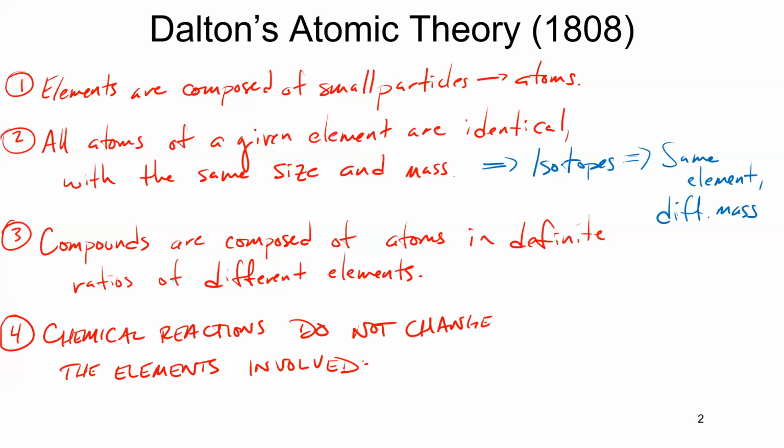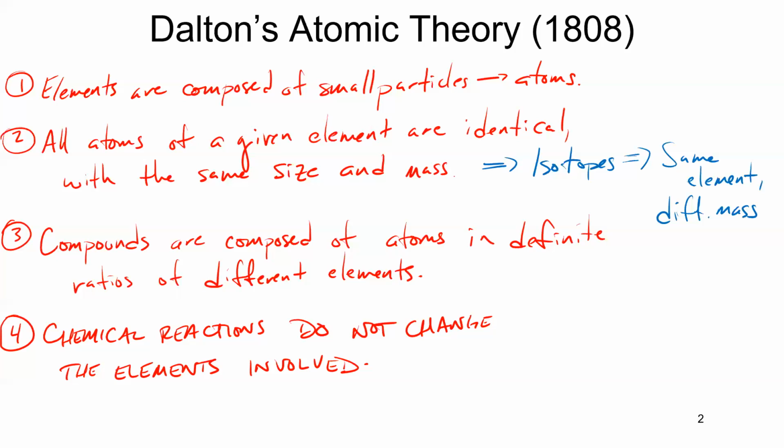Of course, this is the one everybody really hated, right? This is the one where all those alchemists were saying, but everybody says I can get gold. And he said, well, not really. And turns out he was right about that too. And so these are the 4 parts of Dalton's atomic theory.